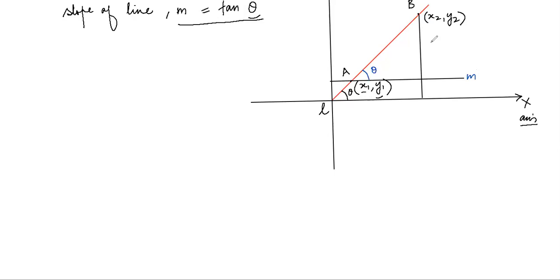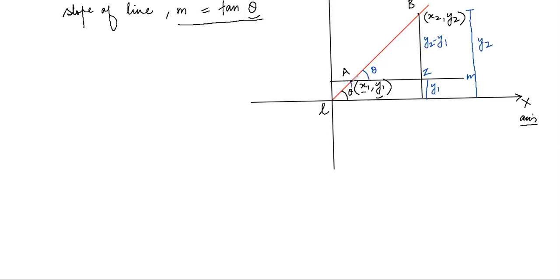Now, what is this distance? Let's say the point of intersection of this line and this line is Z. Now what is BZ? If you observe, BZ is basically this distance, which is y2, minus this distance, which is y1. All right. So this distance is y2 minus y1.